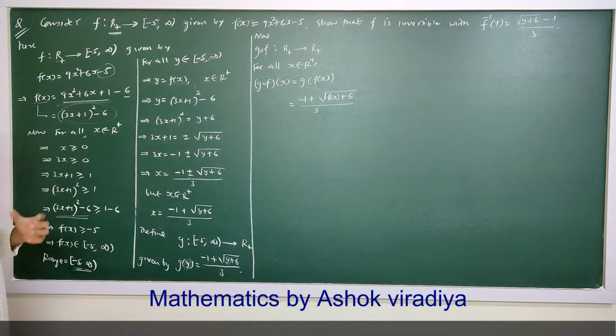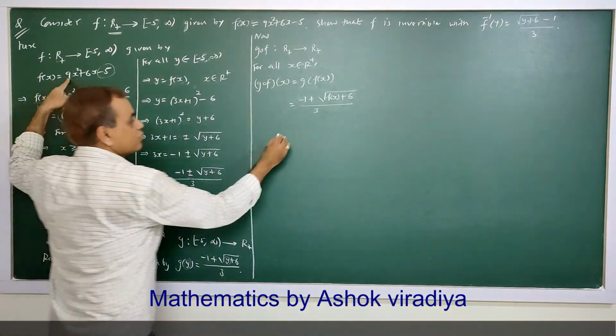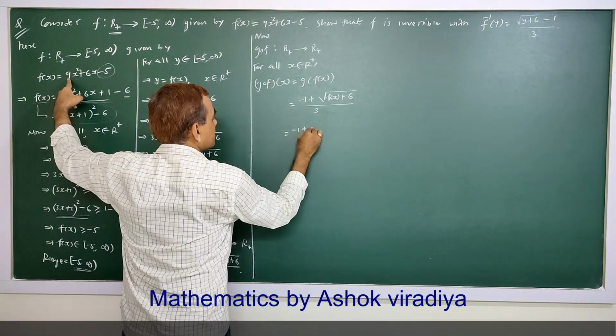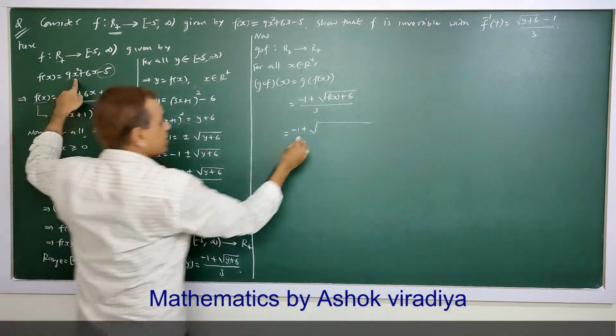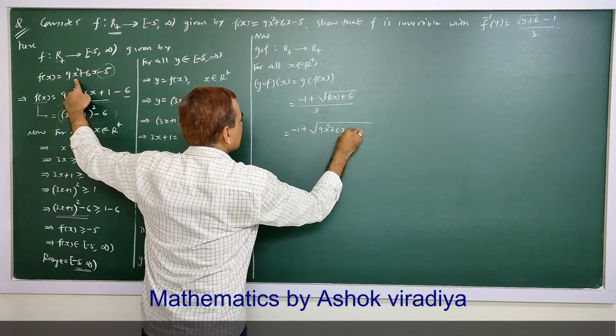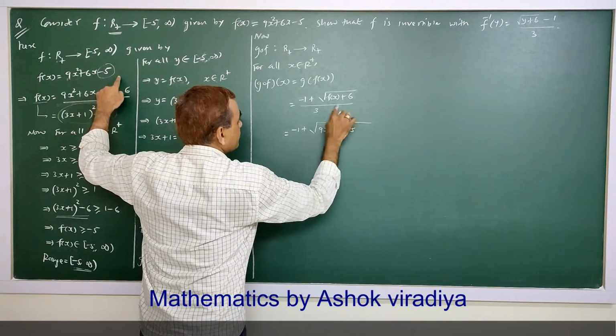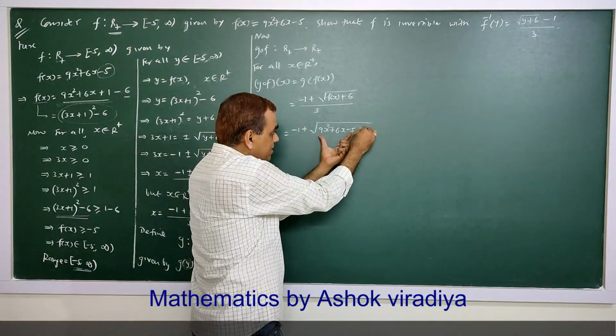Now we put the value of f(x). What is f(x)? This is f(x). So -1 plus the square root of f(x), which is 9x square plus 6x minus 5, and plus 6 as it is.